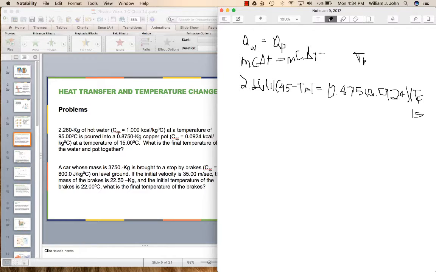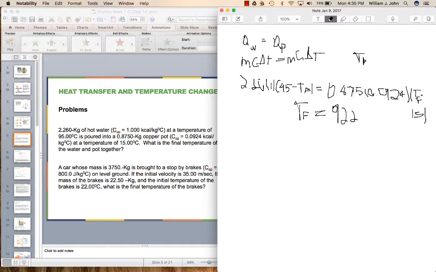Now I'm not going to write out all of the calculation that I went through, but I will tell you that if you solve this equation, TF equals 92.23 degrees.